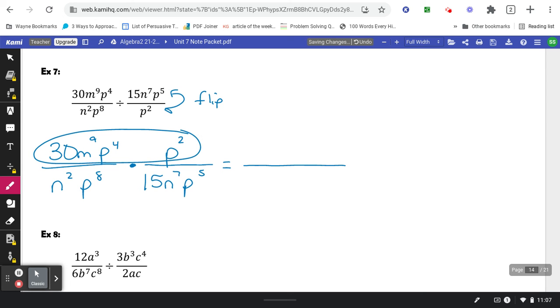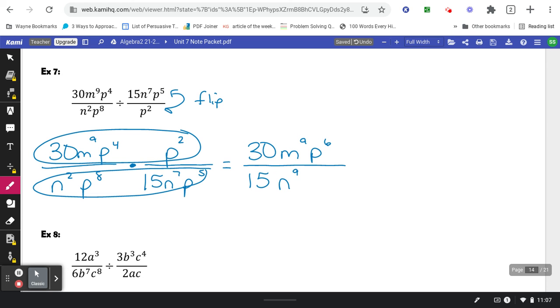Gather across the top, gather together, comes across the bottom. Put your number first, 30. M to the 9th, add the p's, p to the 6th. Put the number first. I don't have any m's, so maybe you want to put your n's next. Add the n's, add the p's.